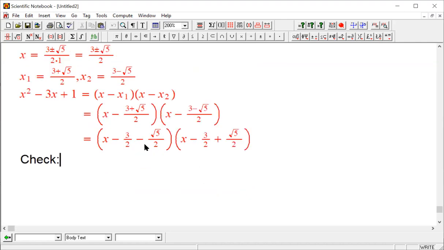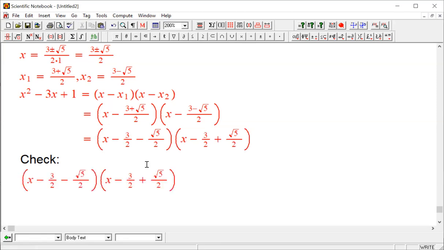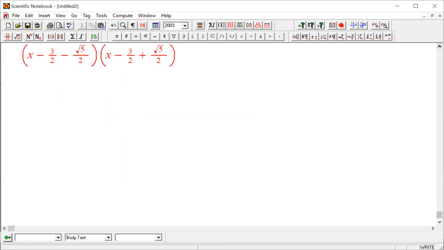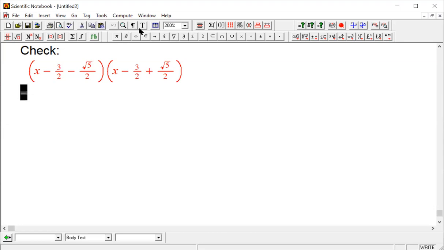When we check our work, we'll take these presumed factor forms. We give ourselves some time to check it correctly before making the claim. So what we see here, this is A minus B, A plus B. So we can have A squared minus B squared.